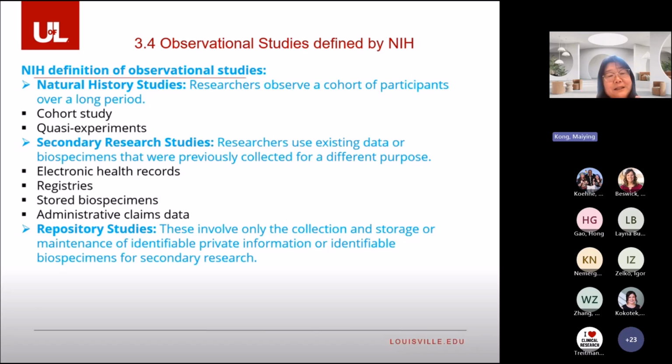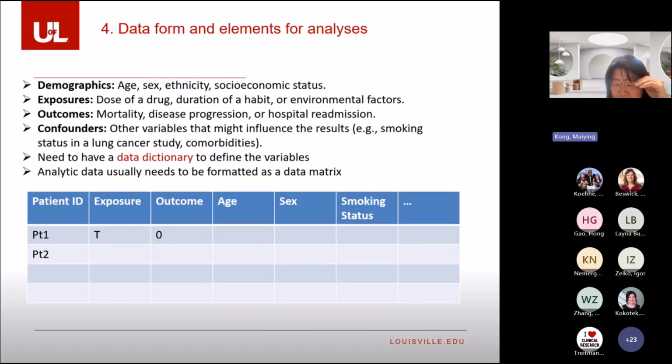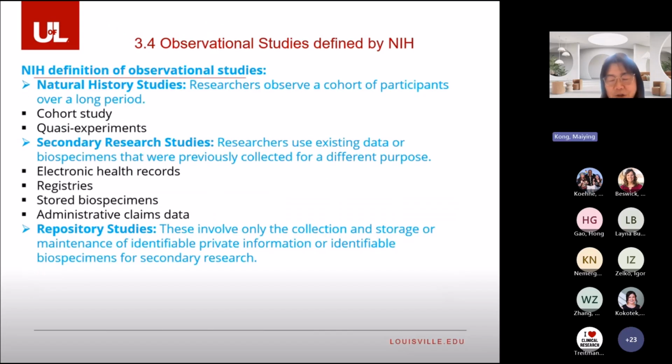So we can still use quasi-experimental or experimental ideas in an observational study to do some causal inference. However, that evidence is not as strong as the RCT, randomized controlled trials. So this is the observational study.